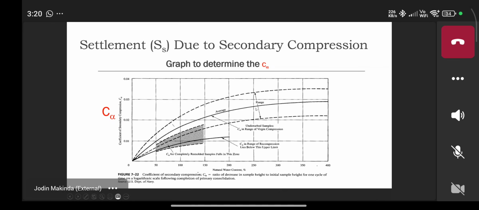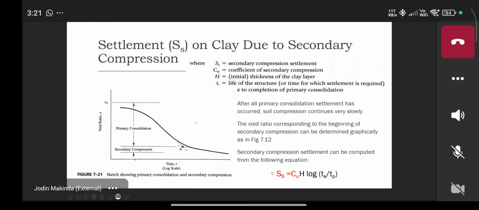You can scale off from the x-axis, and then you can obtain C alpha, the secondary compression coefficient, on the y-axis. So it is important to obtain the natural water content of the soil if we want to study the secondary compression, because it signifies the coefficient of secondary compression.